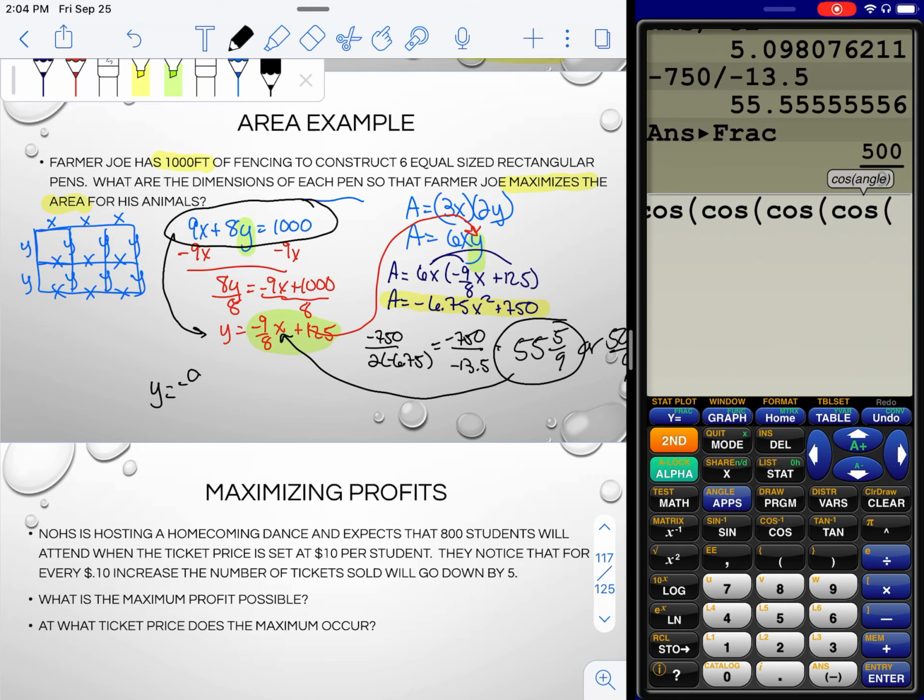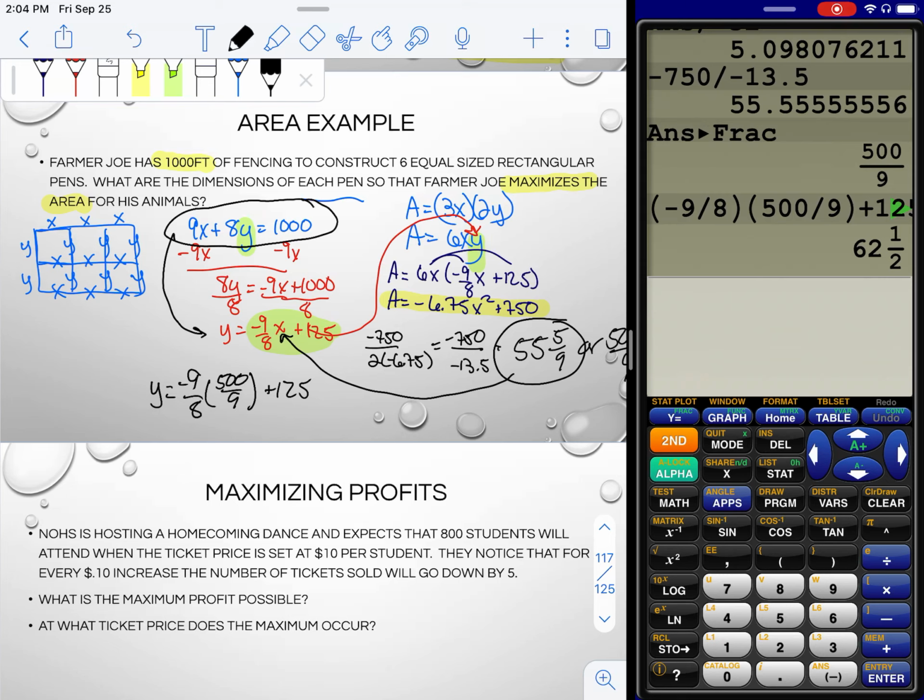So y equals negative 9/8 times 500/9 plus 125. Okay, 62.5 feet is our other dimension.